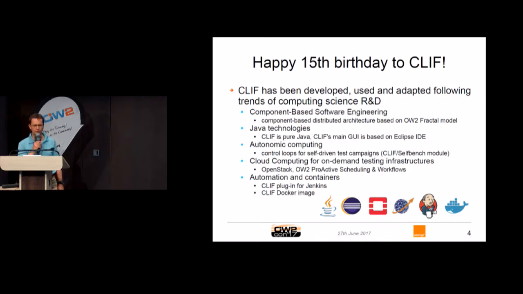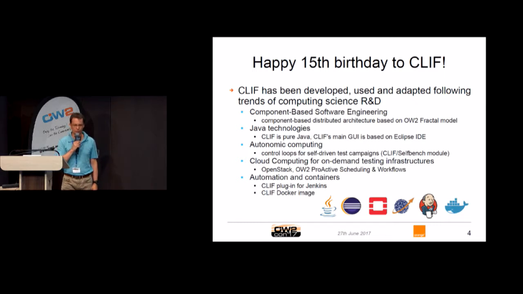Then we did some work in the field of autonomic computing, and we developed some control loops to make some self-driven test campaigns. And this was contributed as the self-bench module. And in the recent years, we are really working on automation and automatic provisioning of testing infrastructures.